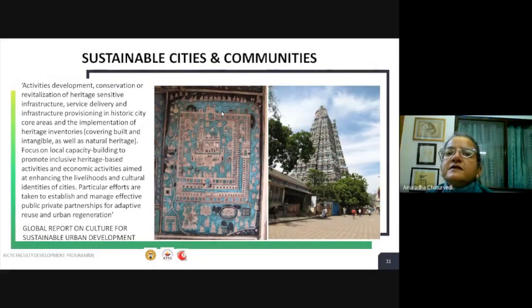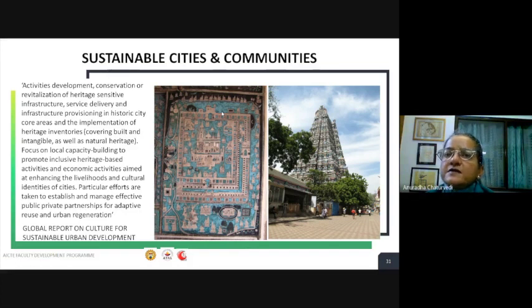It is necessary to have service delivery and infrastructure provisioning of historic city core areas. Many of our historic city centers are deficient in these kinds of services and infrastructure, and that needs to be provided in order to achieve Sustainable Development Goal 11.4.